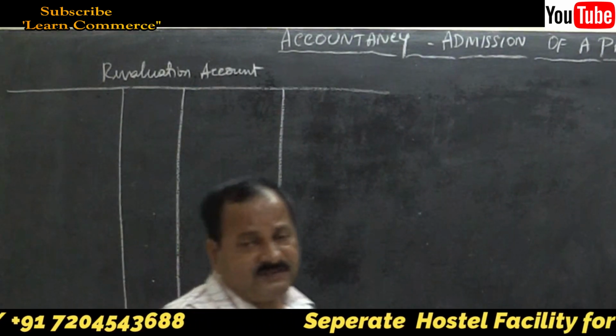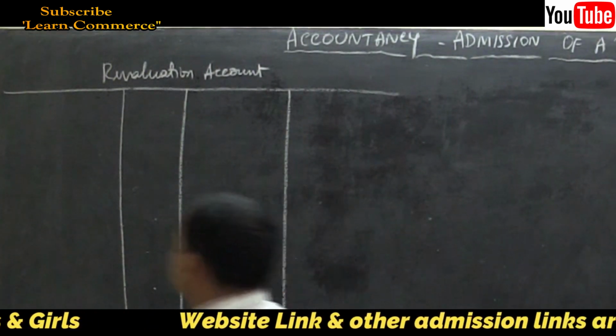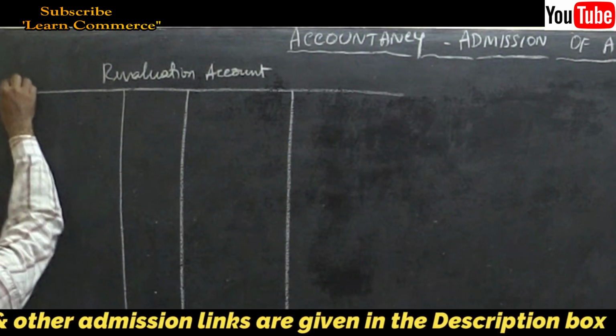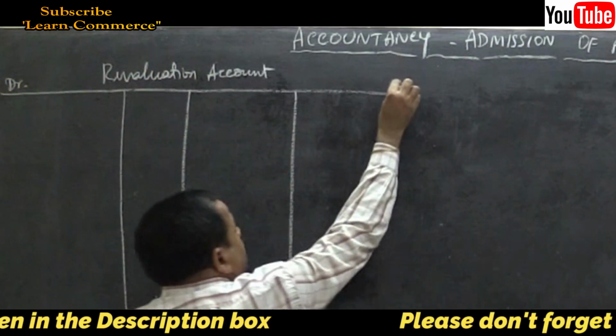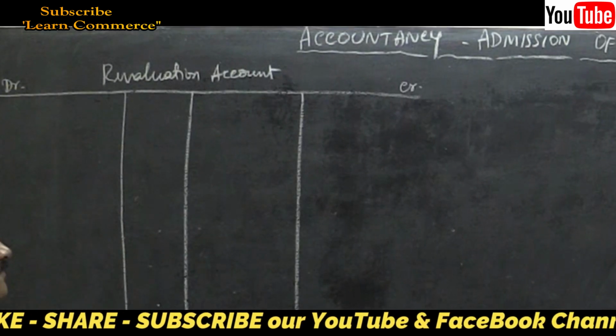Particulars, amount in rupees. Particulars, amount in rupees. I am not writing it, just write debit, credit and column headings. Now let us solve the problem.